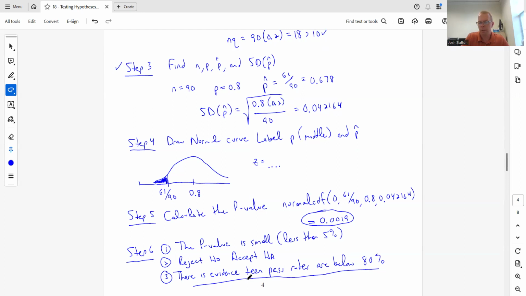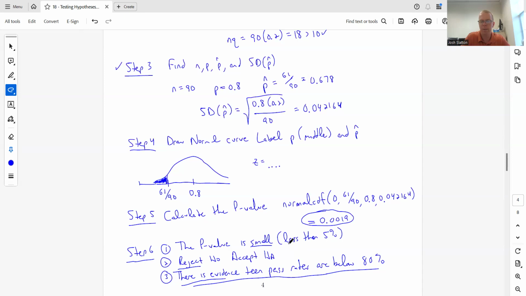Now again, notice, and we talked about this at the end of the last video, small, reject, and there is evidence. So these are all positive statements. There's no nots in here, in other words. So if we got, say, the p-value is 10% or 12%, something above 5%, then we would say p-value is not small.